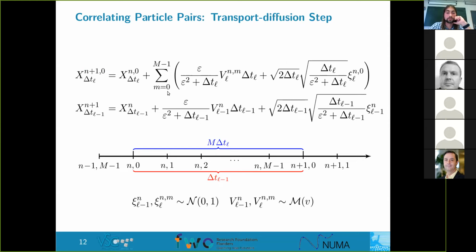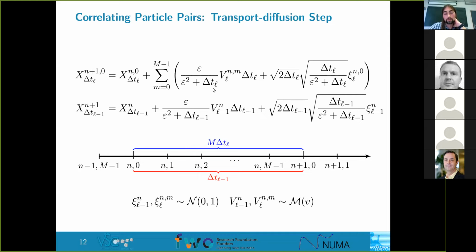And then if we want to generate correlated paths, we go to work as follows. So first, we simulate our M fine time steps. Along the way, we generate truly random numbers. So we have the velocities at each time step. We have the psi from the diffusion at each time step. And then also we have this decision of whether or not we had a collision in each of these fine steps.